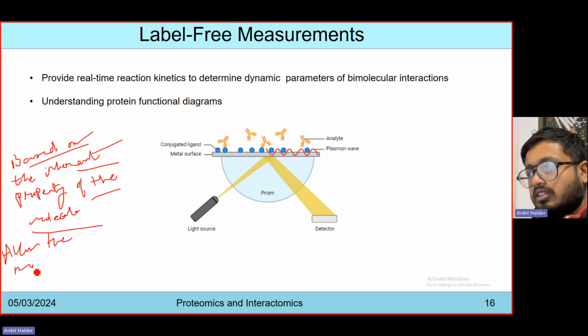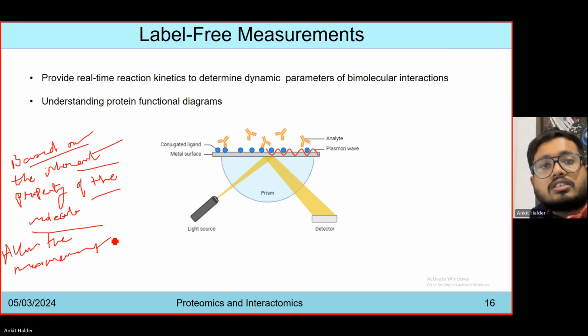It's nothing on the tag or something binding. It allows measurement based on the inherent property of the molecule.